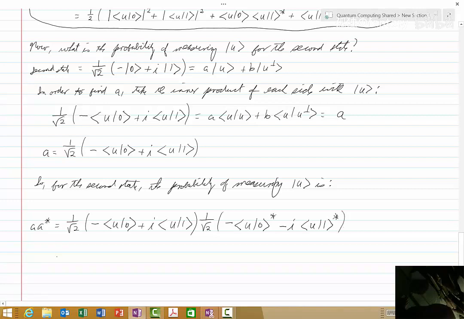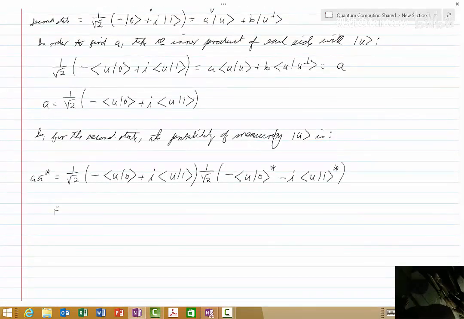And now we have a little bit of computation to do. The 1 over square root of 2 times 1 over square root of 2 will give us 1/2.